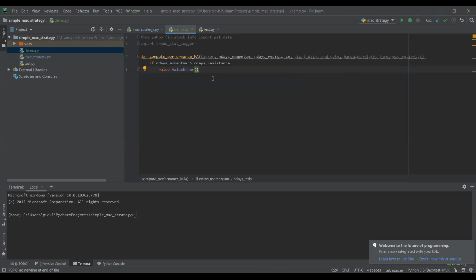Okay, so if your momentum is bigger than your resistance, that doesn't make any sense because you want momentum to be a shorter time frame. So you want to raise a value error. It's like, please have momentum days be less than resistance days. I didn't write down the full variable name, just to save time.